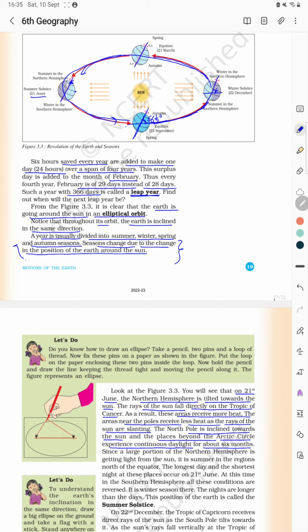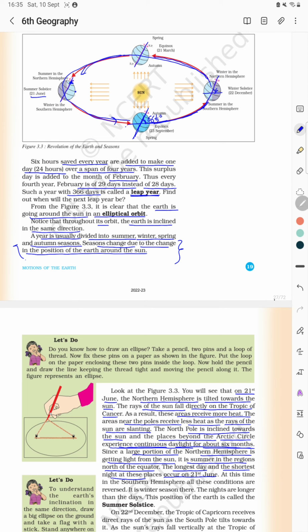So we can say this area beyond the Arctic Circle experiences continuous daylight for about 6 months. Since a large portion of the northern hemisphere is getting light from the sun, it is summer in the region north of the equator. The longest day and the shortest night at these places occur on 21st June.